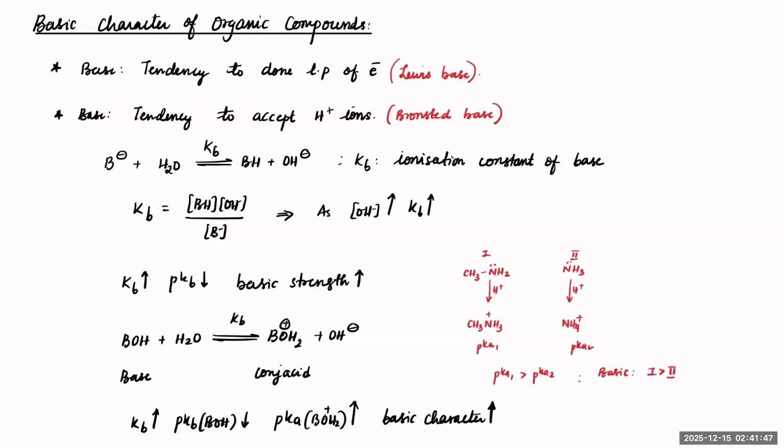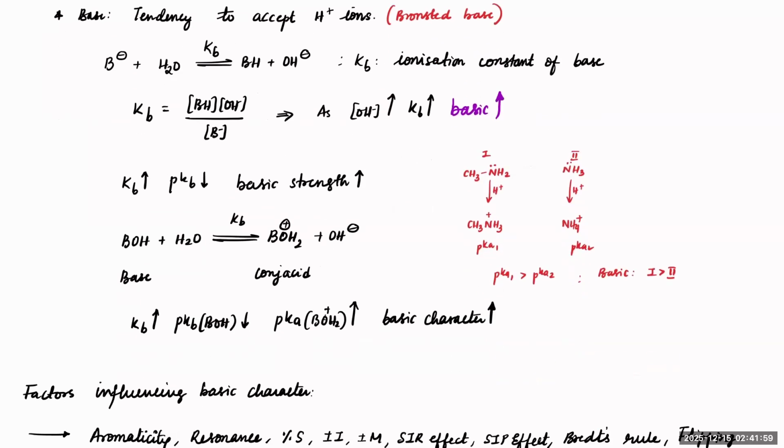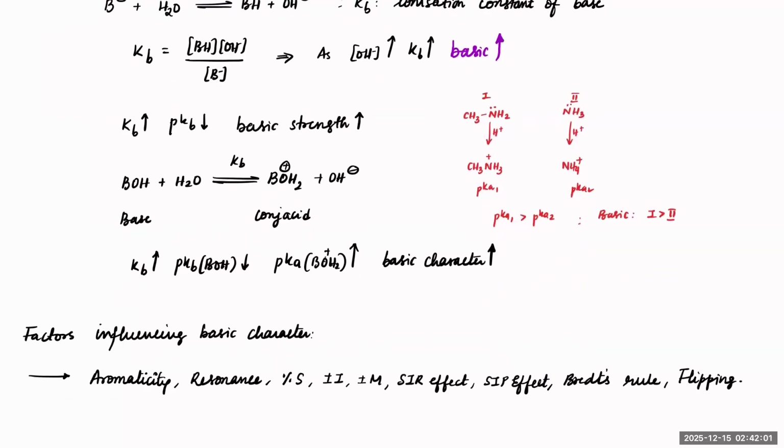So if the Kb value is more, which means the OH minus concentration is more, the basic character is more. You can notice that as the Kb value increases, the pKb value decreases, and the basic strength increases.